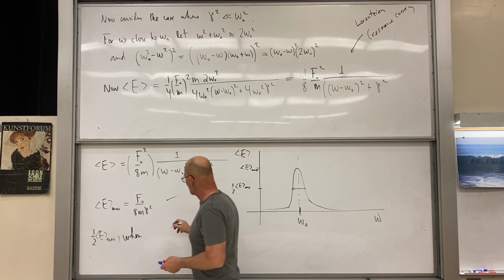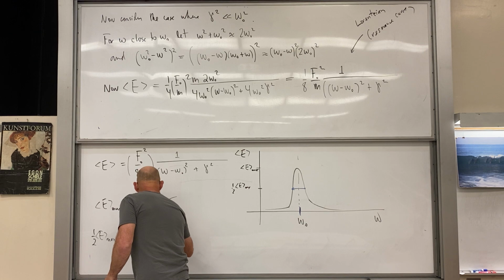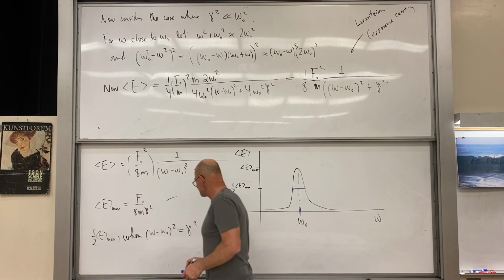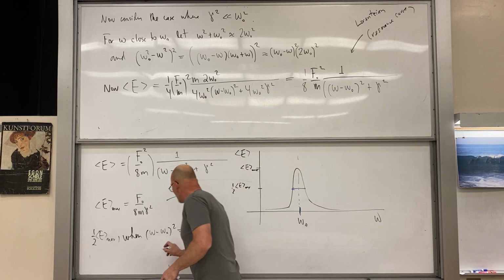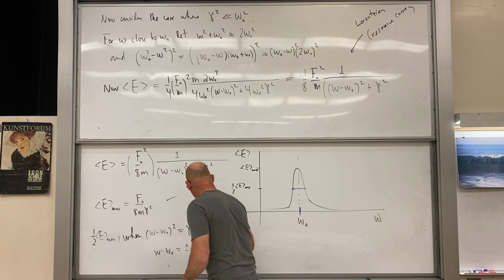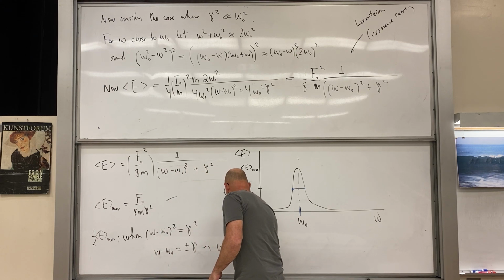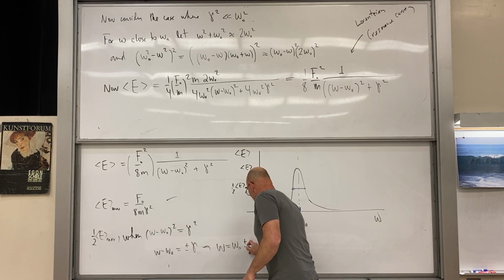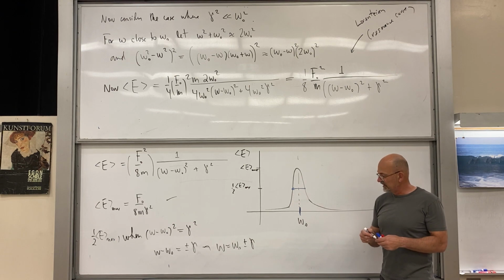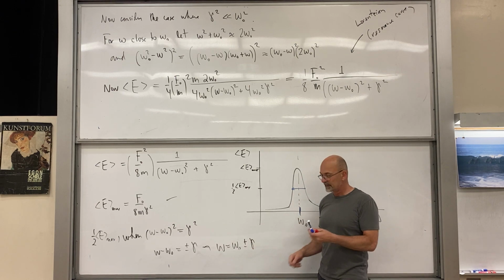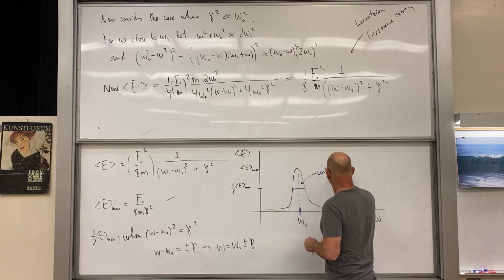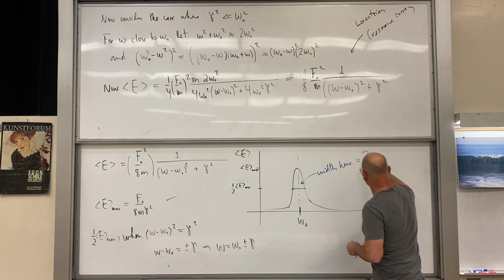So when omega minus omega naught squared equals gamma squared, or omega minus omega naught equals plus or minus gamma, which is to say omega equals omega naught plus or minus gamma. So the width here is apparently 2 gamma.